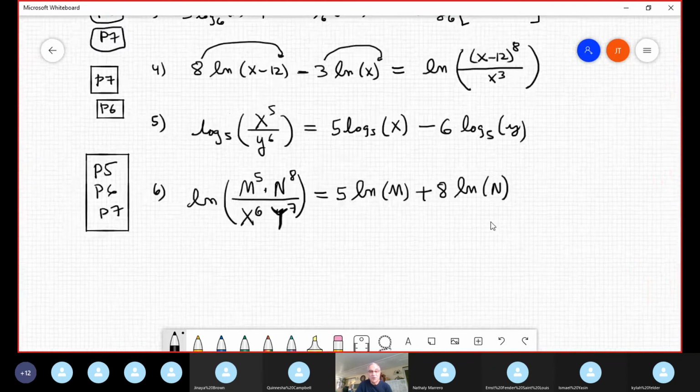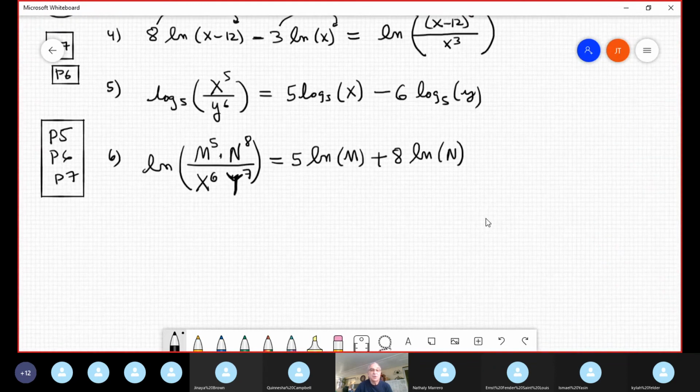Some students ask me, professor, but this is multiplication in the bottom, no? So it's minus everything. Minus 6 ln of x minus 7 ln of y. And this is definitely the expansion.